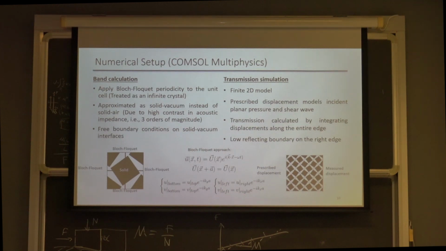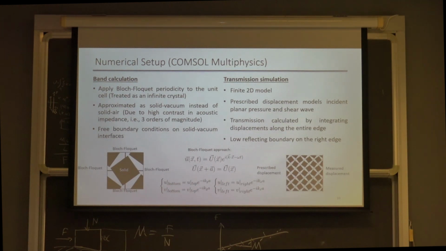It's very close, but it's symmetric, and we used the so-called Bloch-Floquet approach. Because the structure is periodic, we apply the Bloch-Floquet periodicity conditions on the boundaries of the primitive cell. So this cell cannot be reduced. This is also an important thing.